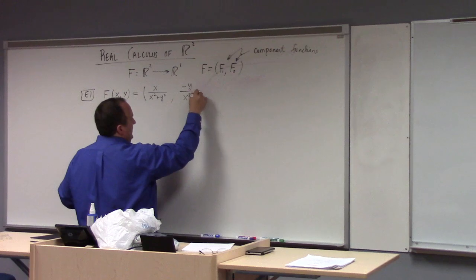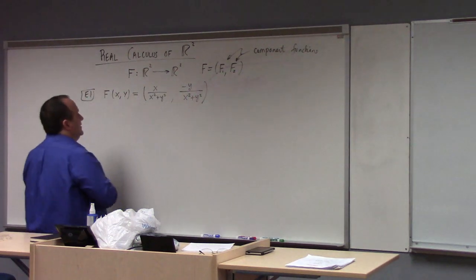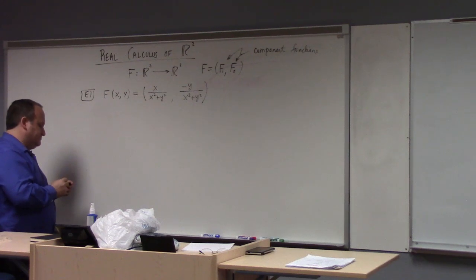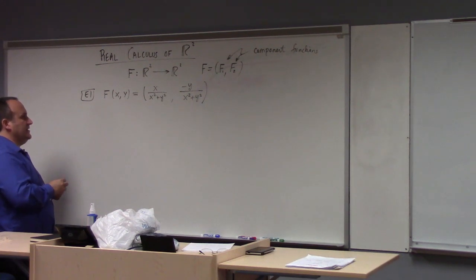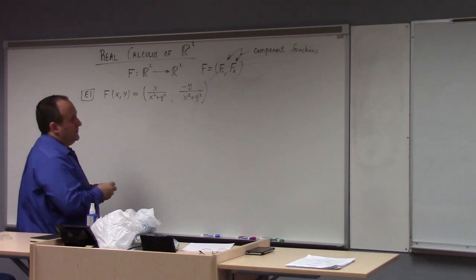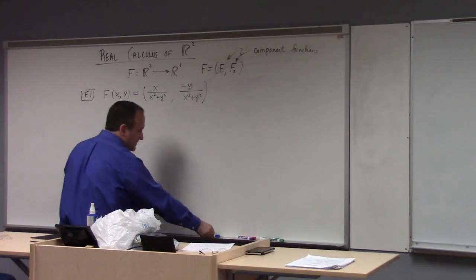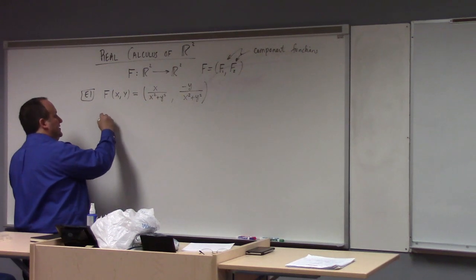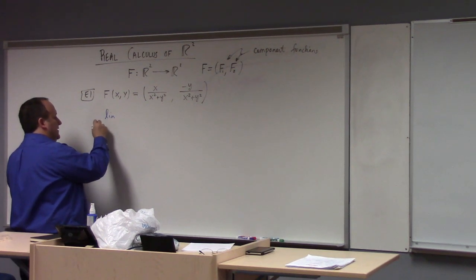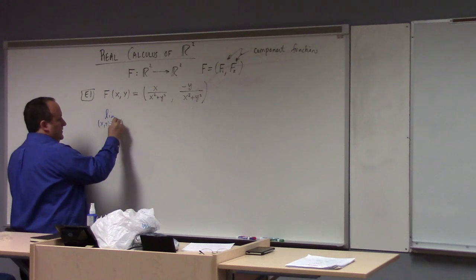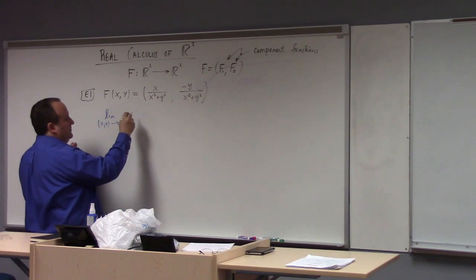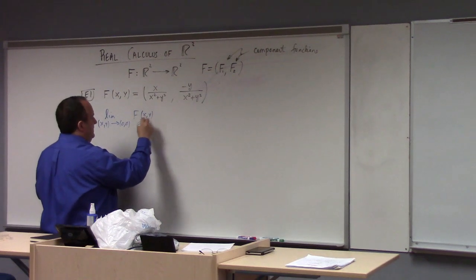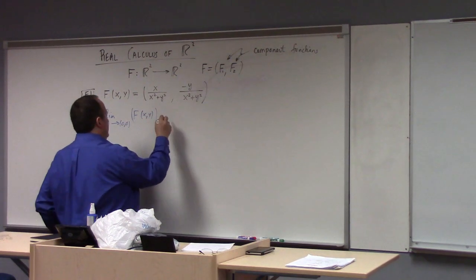So here's a particular function, and we could calculate the limit as we go to the origin. That's my question: is the limit as (x, y) goes to (0, 0), what is that equal to?